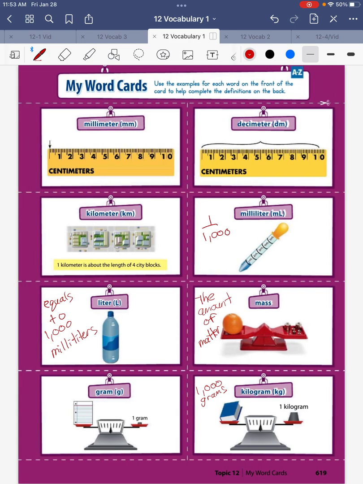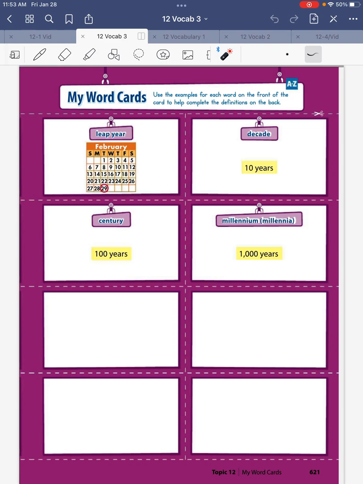Okay, and then last page, vocabulary words, we have leap year. So leap year happens in February, and it happens every 4 years, and an extra day is added.